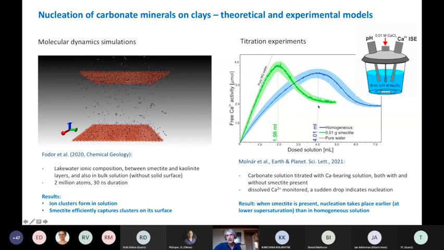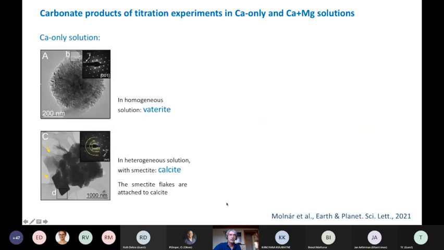And when you add clay mineral into the system, then what you see is that nucleation happens much earlier. So you don't have to add that much calcium. You don't have to have such large supersaturation. The smectite really seems to aid in the formation of calcite. And it's not only that, but this clay mineral also has an effect on the polymorph that forms.